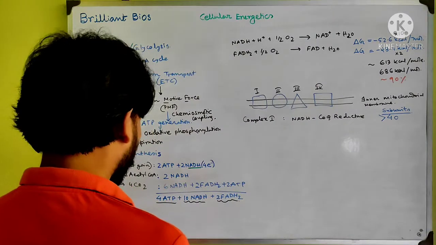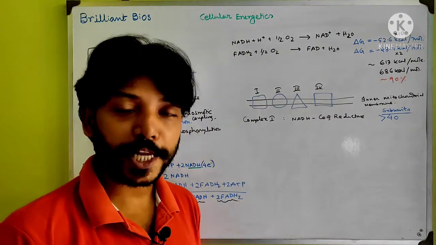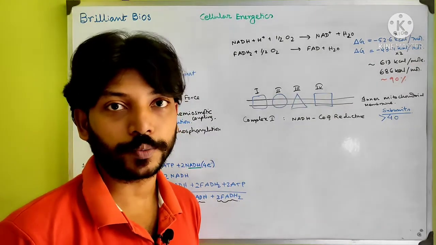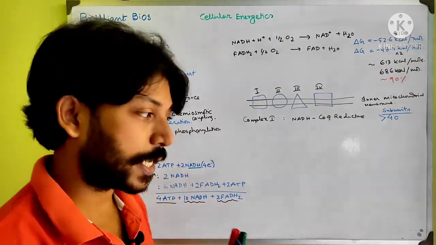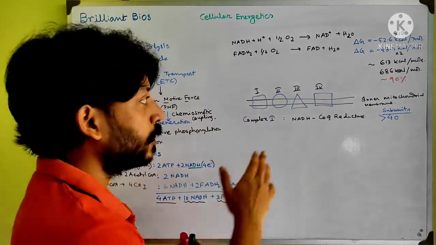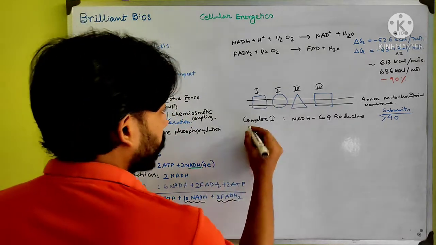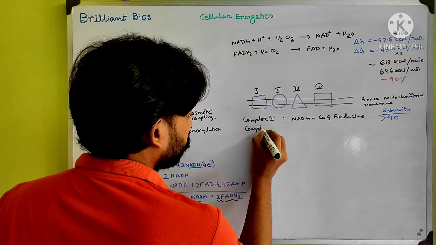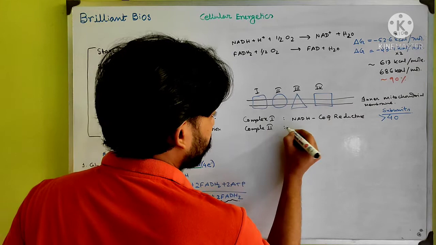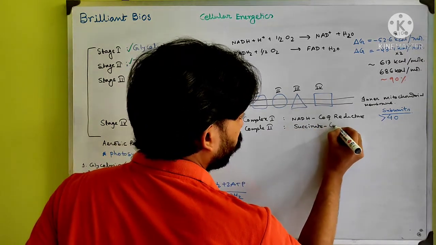Each complex has many different types of prosthetic groups, that means electron carriers. They carry electrons from NADH and FADH2 ultimately to molecular oxygen. Now complex 2 is known as succinate CoQ reductase.